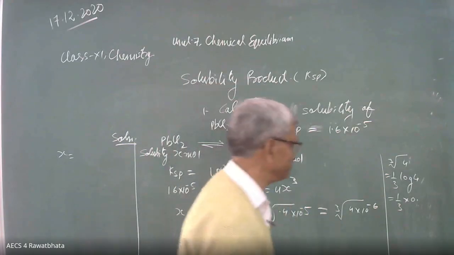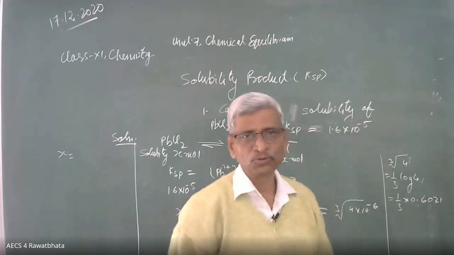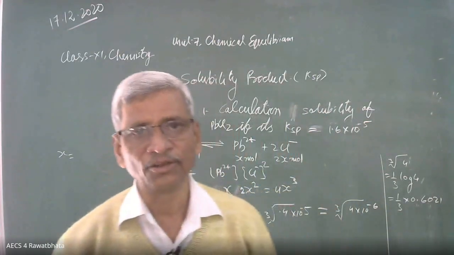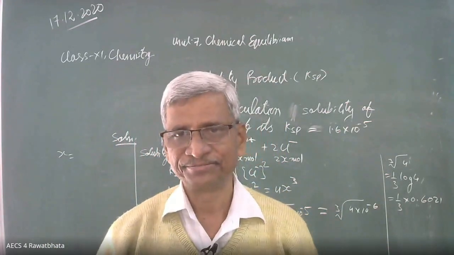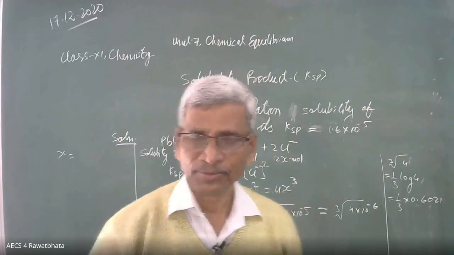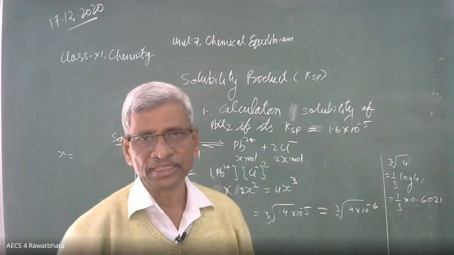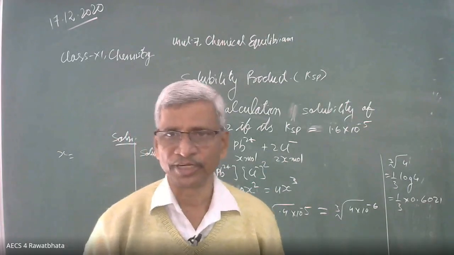Yes, it is correct. That's why I told you earlier, if you know the values of log 2, log 3, log 5, we can save our time in exams. If you write 0.6020, that is also correct.